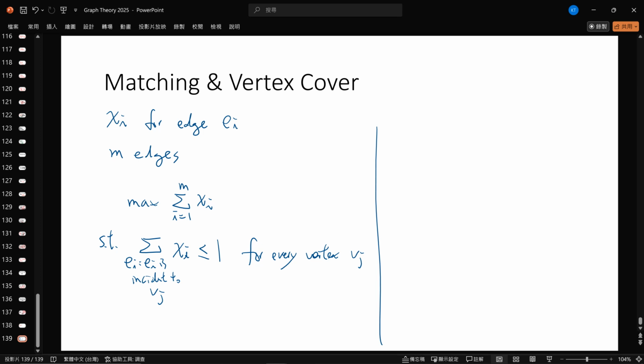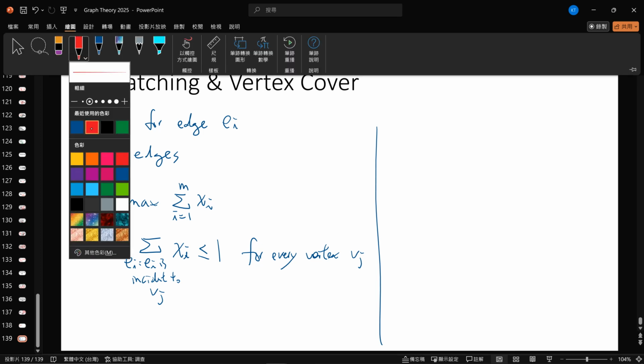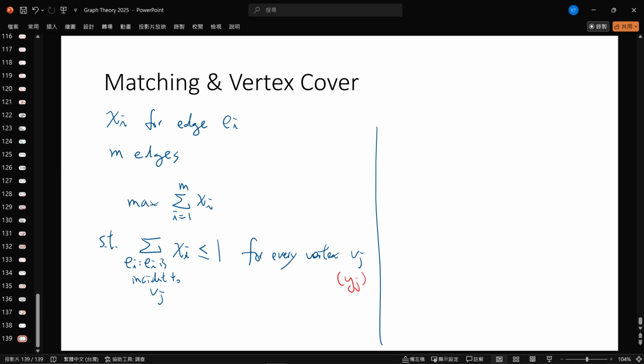Okay, so for the dual problem, we will create a dual variable for every constraint, or for every vertex Vj. So we have yj as our dual variables. The objective function of the dual problem is just the inner product of the right-hand side of the constraints and the variables.